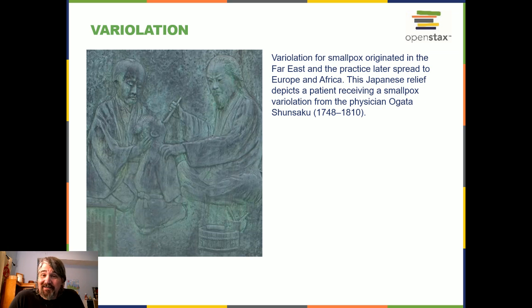So variolation was originally practiced in the Far East. It spread to Europe and Africa from there. Here's a relief that depicts a patient receiving a smallpox variolation from a physician in the 18th century, but I think the practice goes back to the 14th century.